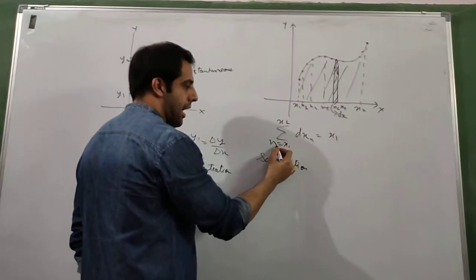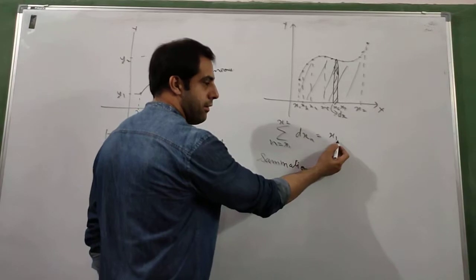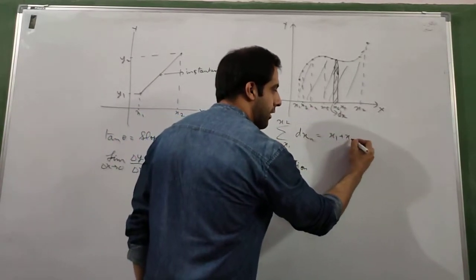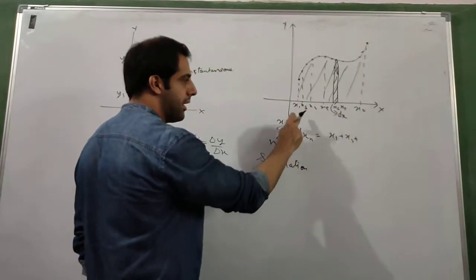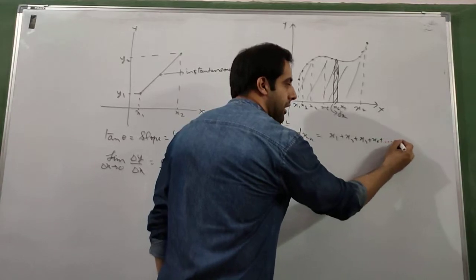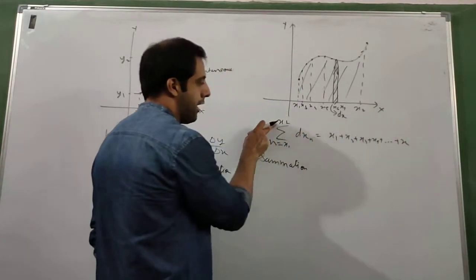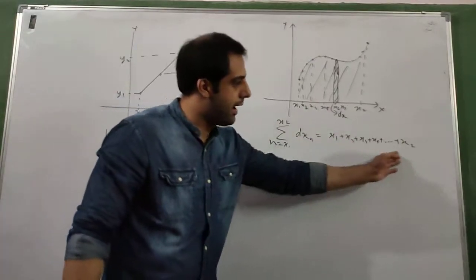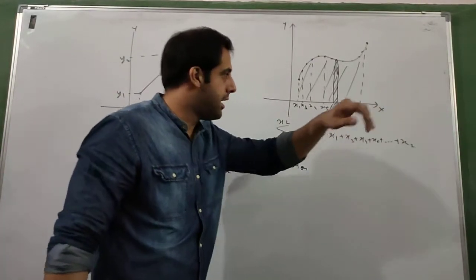So when n equals x1 we have x1, plus when n equals x3 we have x3, then when n equals x4 we have x4, then x5, and so on till we reach the final point, which is x2. So what are we doing here? We are adding all the values of dx.